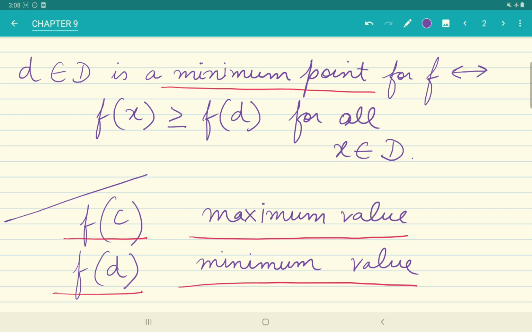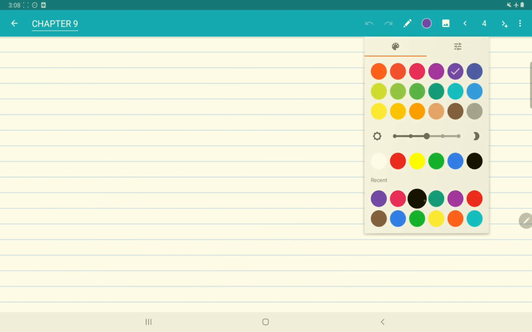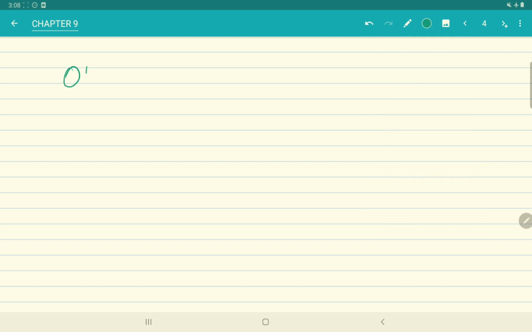Instead of thinking of maximum value, maximum point, minimum value, minimum point, collectively we can think of optimal values.